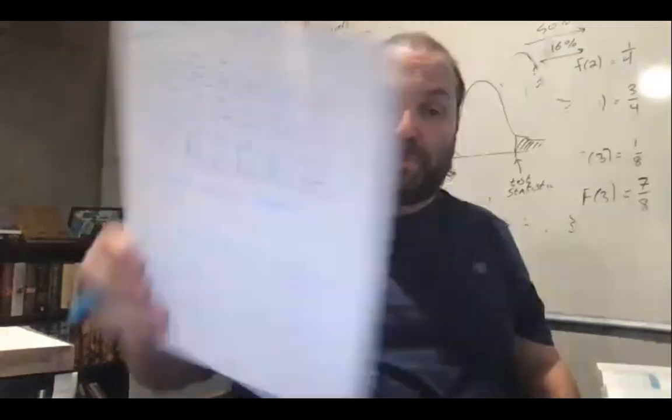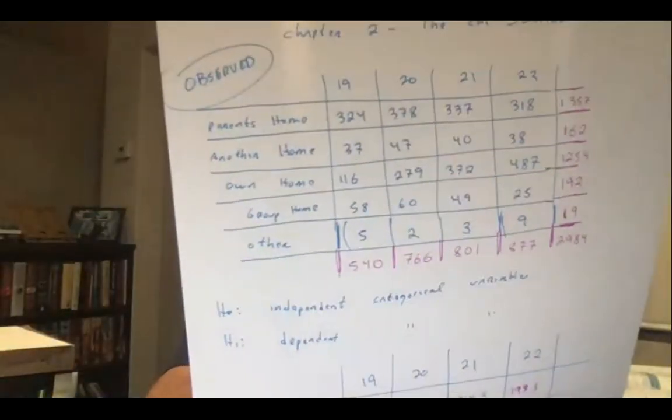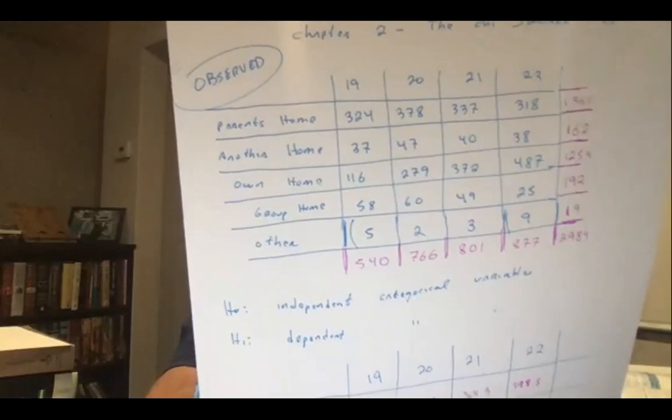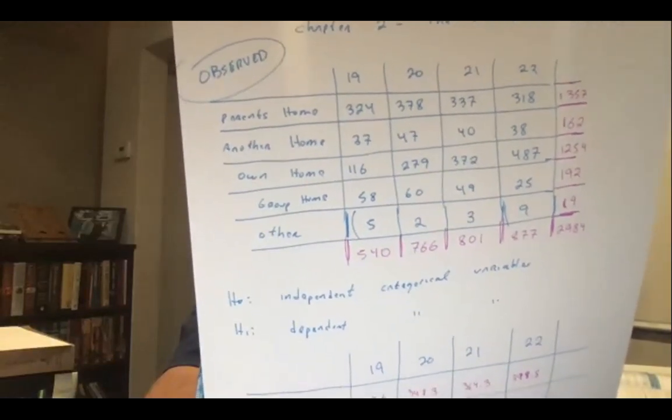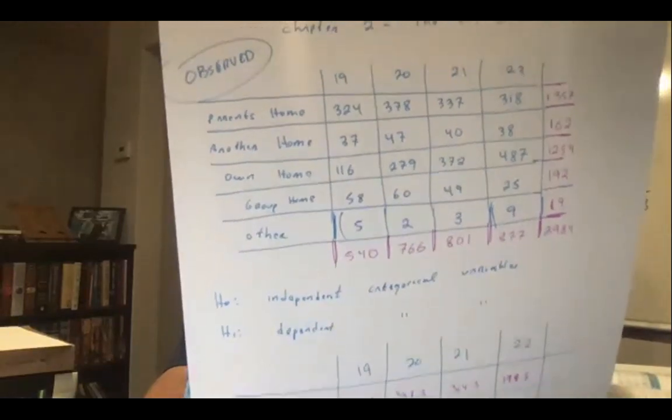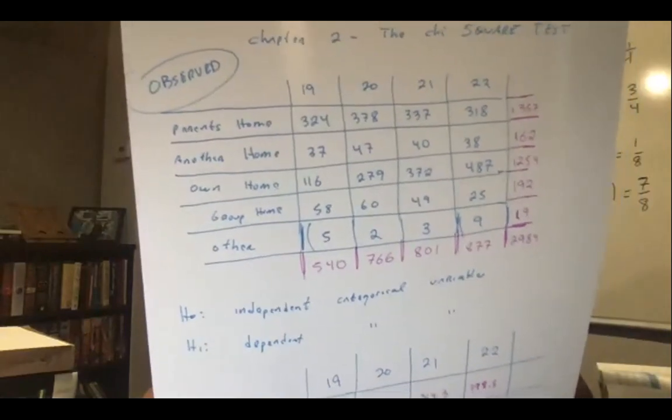So essentially what we have here is as follows. The first table at the top we can call the observed table. Those are the ones that we actually got. Those are our actual numbers. The second table is called the expected table.